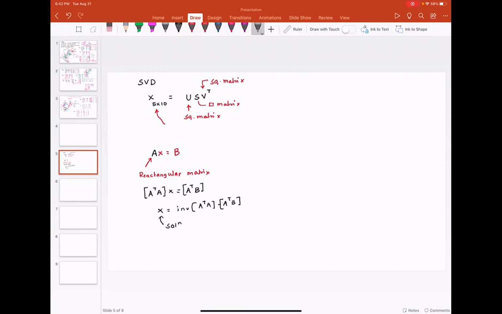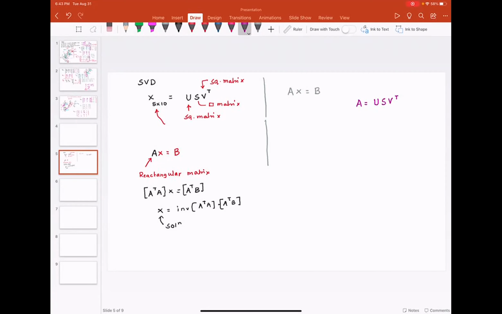Now in this MATLAB code, what I'm trying to do is solve AX is equal to B using the singular value decomposition. So AX is equal to B, where I'm going to decompose A is equal to U S V transpose.